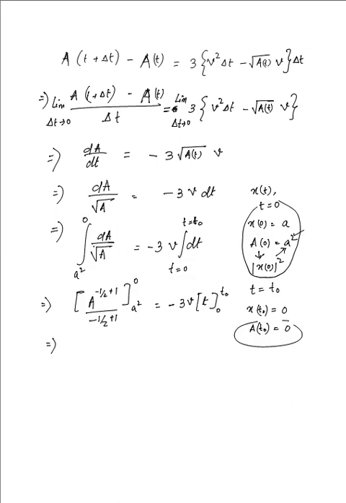So this is simply a to the power half divided by half, from a squared to 0. This is minus 3v t0 minus 0, the upper minus the lower limit. Now the half divided goes to 2, and this is root a. Root a again is in the form root 0 minus root a squared, the upper limit and the lower limit.